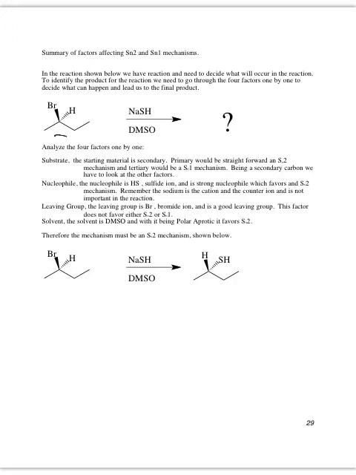The third thing, the leaving group, is a good leaving group, the bromide ion. So this does not favor either SN2 or SN1. And then the last one, the solvent, is DMSO, and it being polar aprotic favors an SN2 reaction. So with everything favoring an SN2 reaction, we have to look at our starting material.